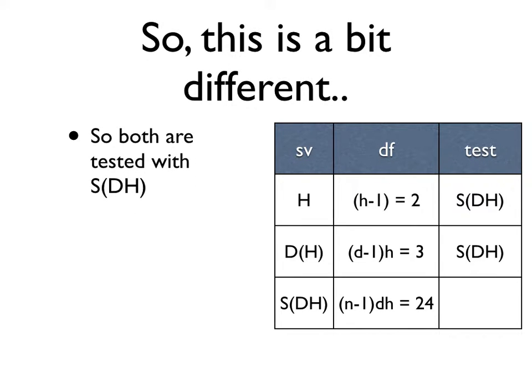So both of these effects, the effect of hospital and the effect of drug within hospital, are tested. So you divide by mean squared for subjects within drug-hospital interactions. So there's not subjects within drugs within hospital. You just don't. That's not a thing to say.